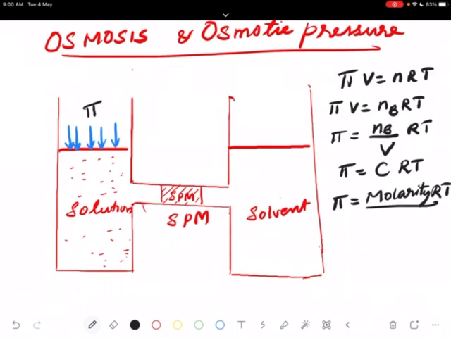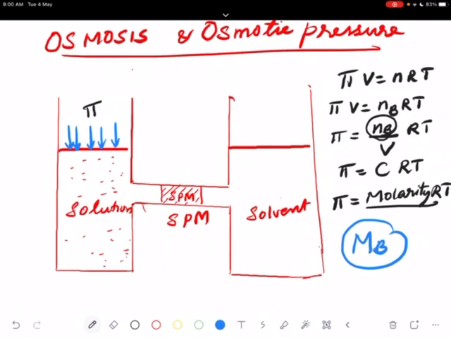Again, this can be utilized to find out the molar mass of the solute, M_B. That is n_B here. What is n_B? W_B upon M_B. So using this equation, you can find out the molar mass of the solute M_B.